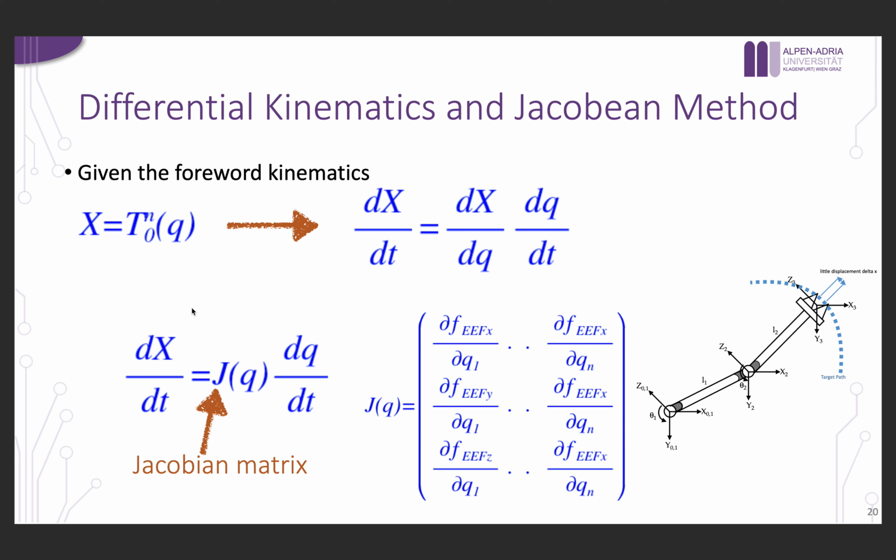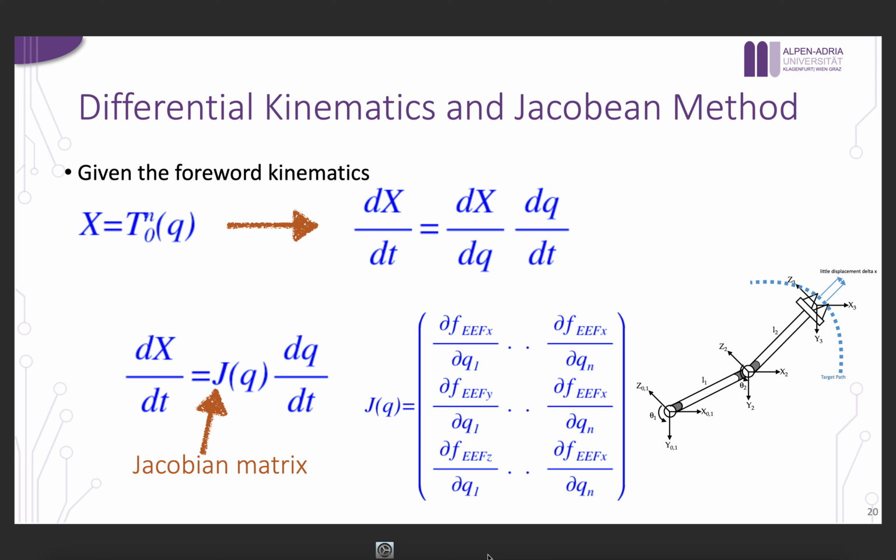On the left side is the change of the position of the end effector over time, which is equal to the Jacobian matrix, a set of partial differential equations, multiplied by the change of the rotations, for example, or if there is displacement, then it's a linear change, which represents either the angular velocity or linear velocity in this case. And this is the Jacobian matrix.